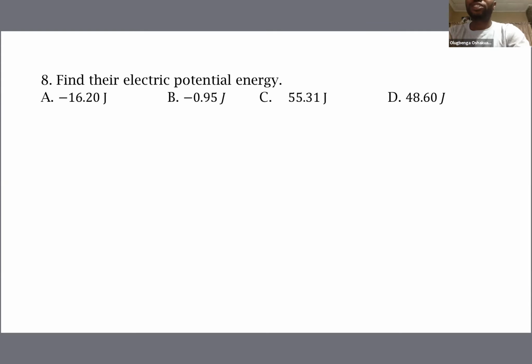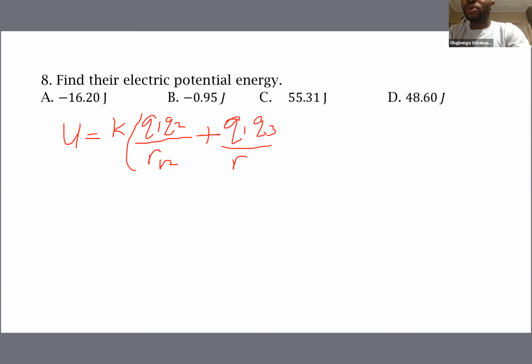It is mathematically defined as U equal to K Q1 Q2 divided by R12, plus Q1 Q3 divided by R13, plus Q2 Q3 divided by R23.